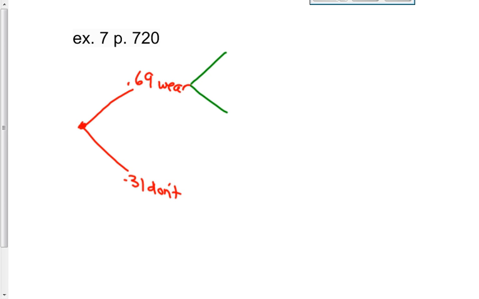We're going to branch off for the student. 66% of the time, the student wears a seatbelt. Now remember, every time I make a branch, I have to make sure that those branches add up to be 100. So if 66% do wear the seatbelt, how many do not? The leftovers, 34%, don't wear the seatbelt.